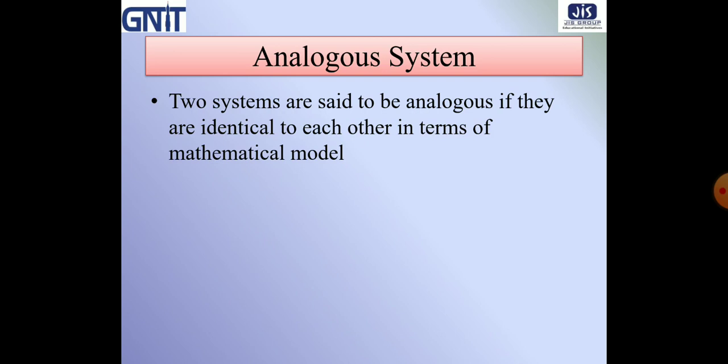Suppose there are two differential equations, and the parameters of the two equations are different, but the form or the order of the two differential equations are the same. Then we can relate them and call them an analogous system.